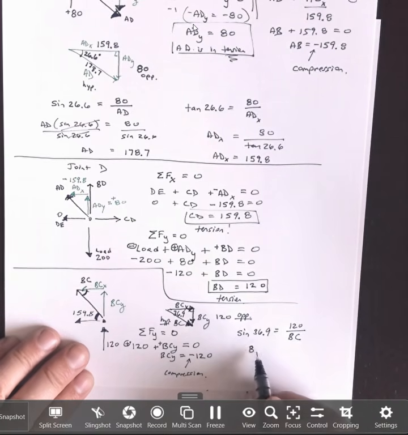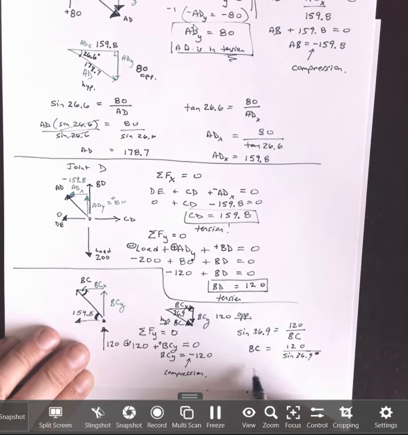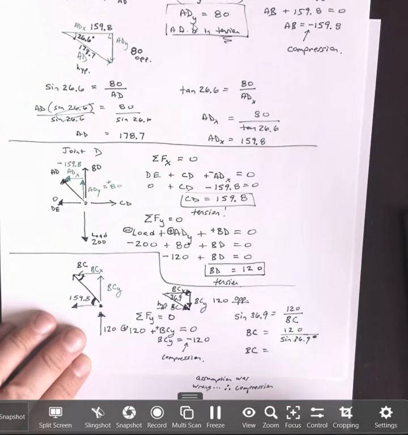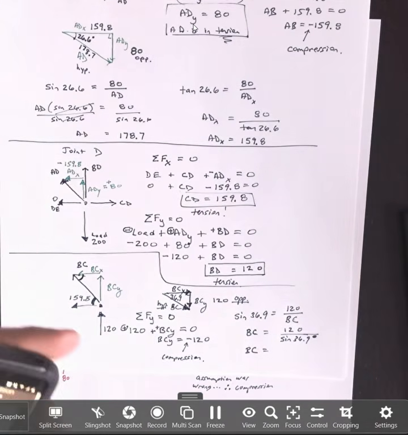I'm going to use that property of a proportion that these two just trade spots. Multiplying both sides by BC gets BC to the numerator over here, and then dividing both sides by the sine of 36.9 degrees. And all I need to do is type that into my calculator and I have the answer.